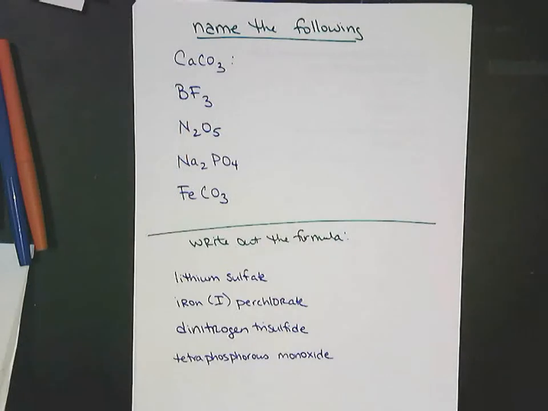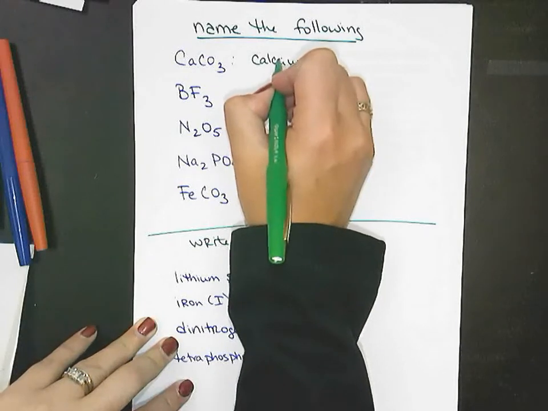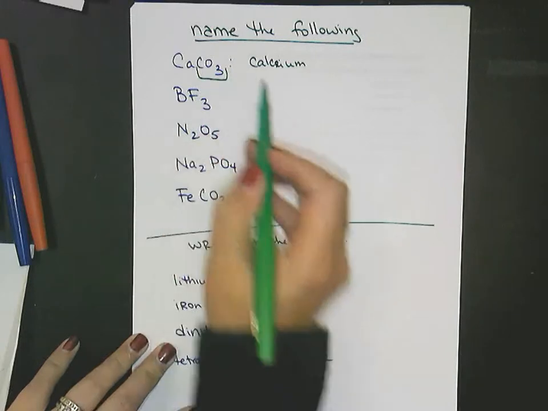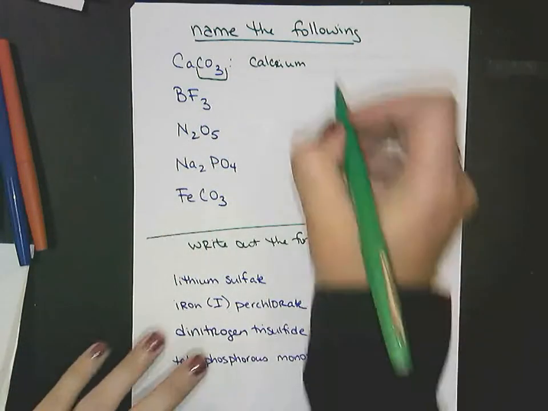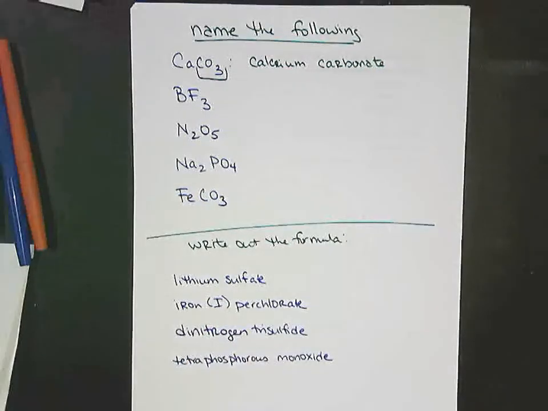Name the first word, and then this guy all comes together. Carbonate. Calcium carbonate. You have to know the charge for carbonate, and know that there's like some chart for that, right?